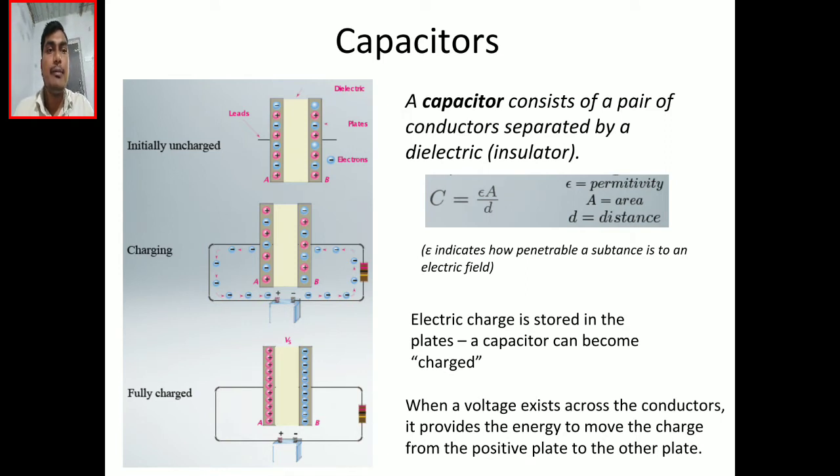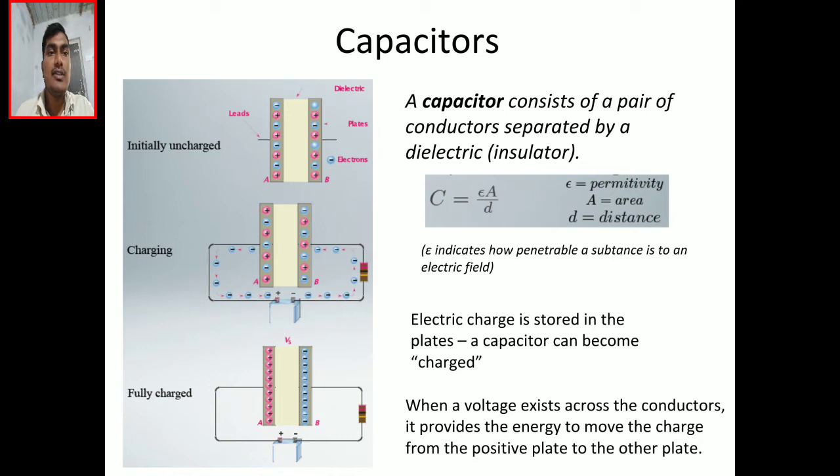Epsilon is the permittivity, meaning the ability of a material to permit electric charge through it. When we give the supply to the capacitor, it starts storing charges.